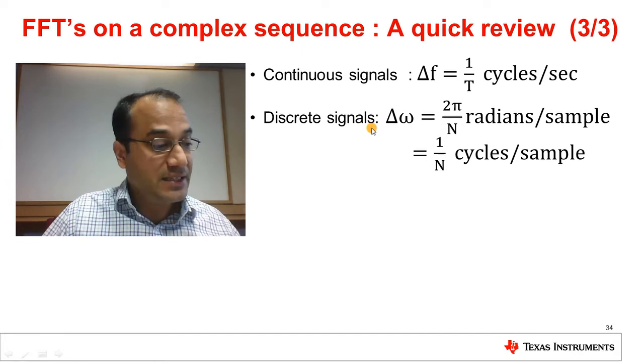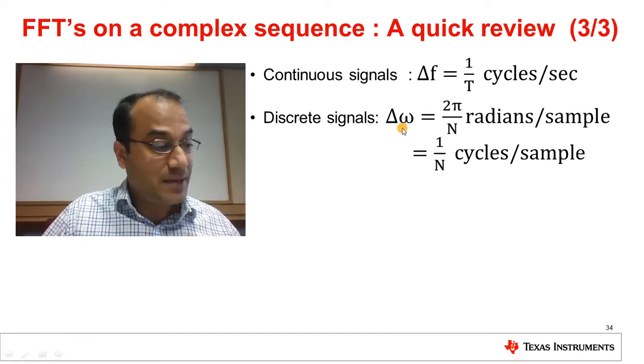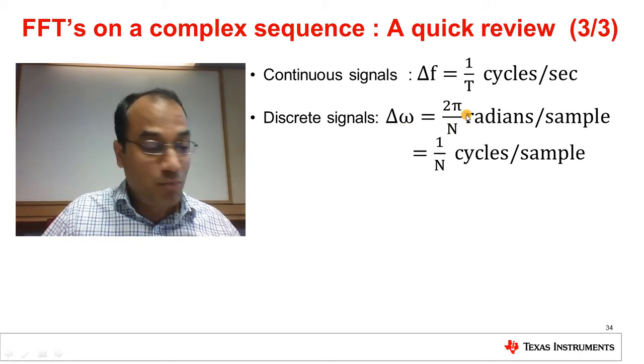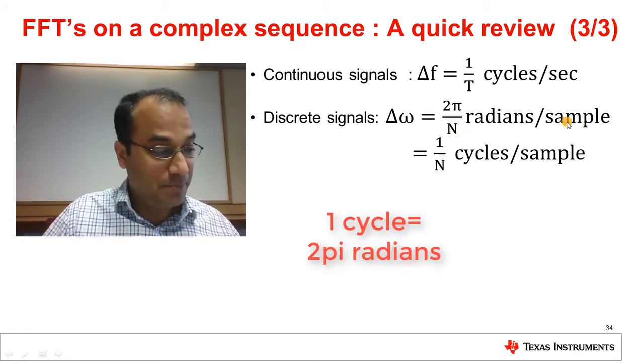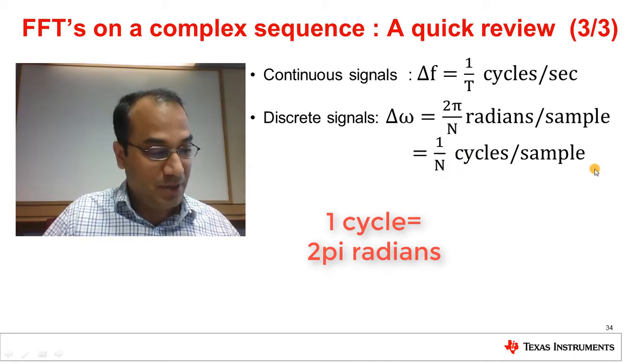For discrete signals, as we stated in the last slide, two discrete frequencies can be resolved as long as their separation delta omega is more than 2 pi by N radians per sample. So note the unit here, radians per sample, which is actually the same as 1 by N cycles per sample, since each cycle is 2 pi radians.